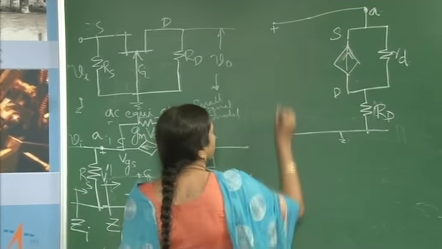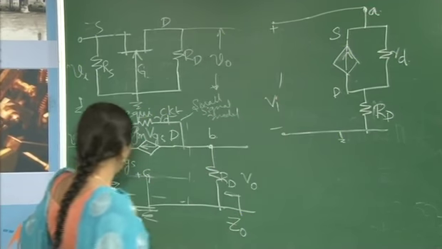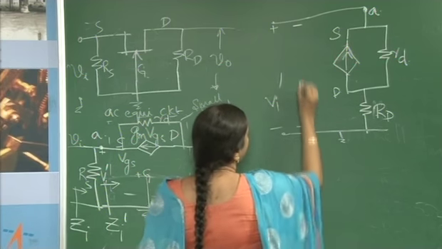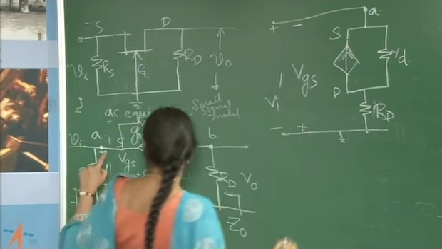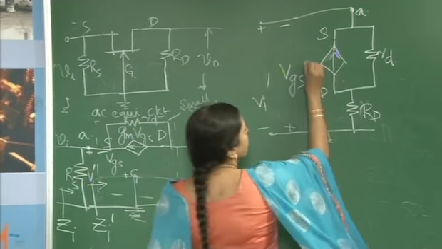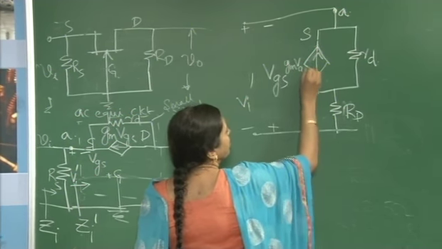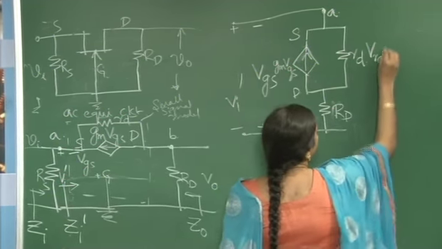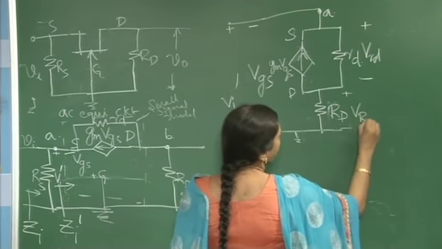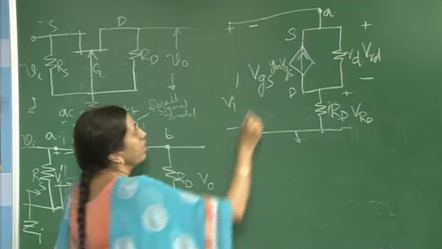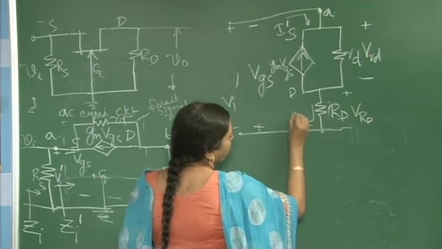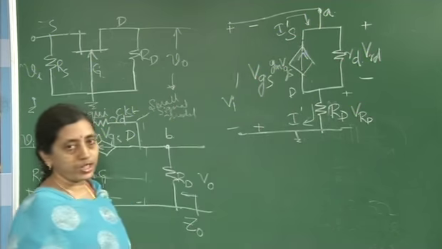So, Vi dash is now the input. Between source and gate there is VGS. Now, the value of this is gm into VGS. Let the drop across RD be called VRD and the drop across RD be called V capital RD. Now, let this current be I dash. Obviously this current will also be I dash.